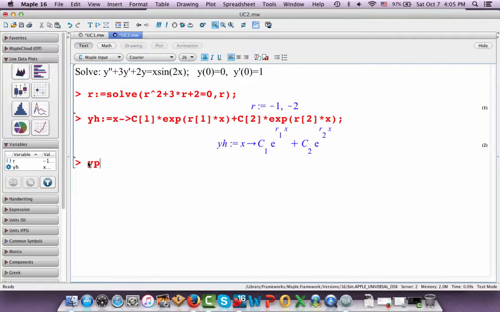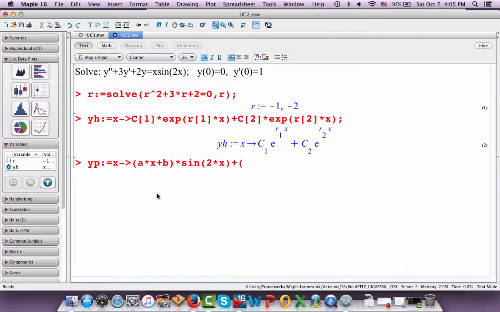All right, so we're going to define yp. We'll just use lowercase letters here. So I'm going to do it in x. yp is going to equal the function that takes x to, kind of like in the notes, (a times x plus b), that's our first linear term, times the sine of 2 times x.